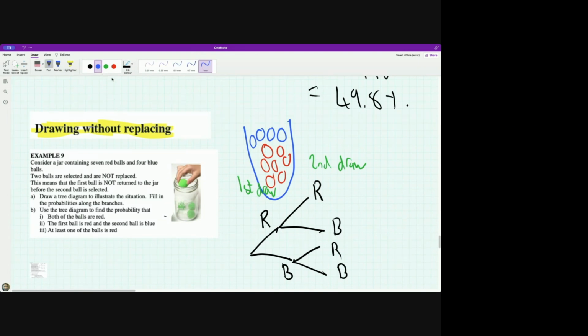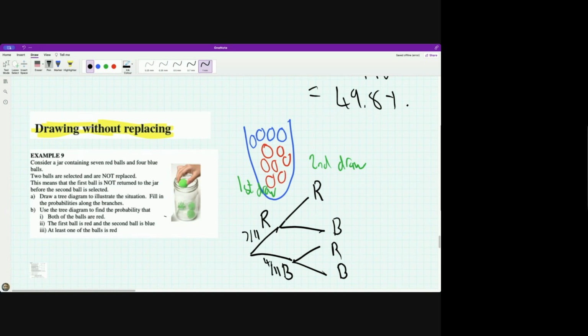And how many of them are red? Well, 1, 2, 3, 4, 5, 6, 7. There's 7. So there's a 7 in 11 chance of getting red. What is the chance of getting blue? There is a 4 in 11. In fact, let me use a different color, otherwise it's going to get confusing. Let me stay with black. So this is 7 out of 11. This is 4 out of 11.